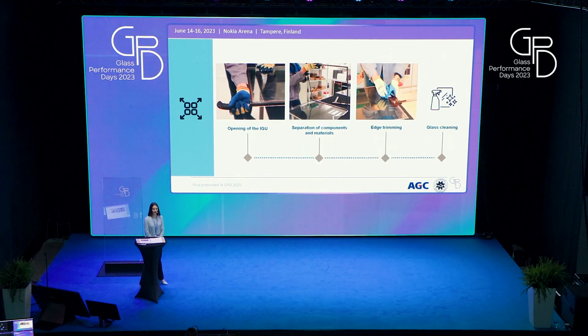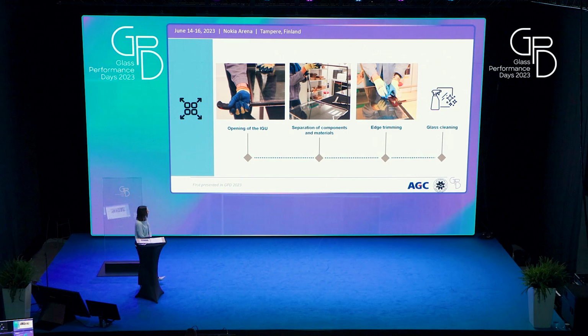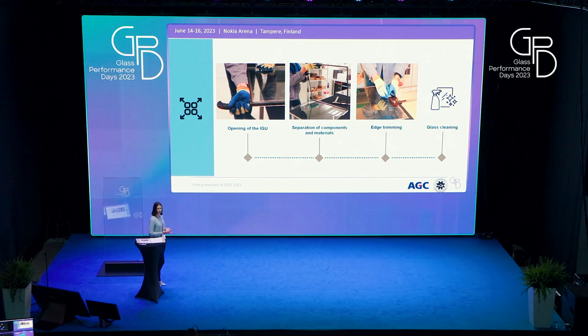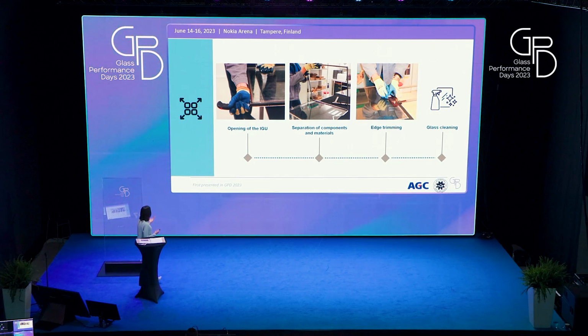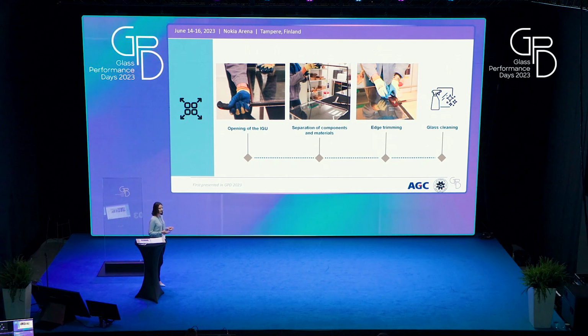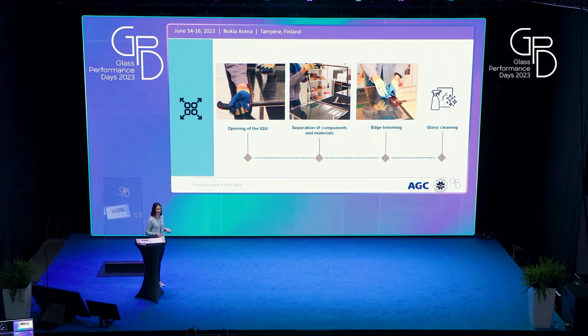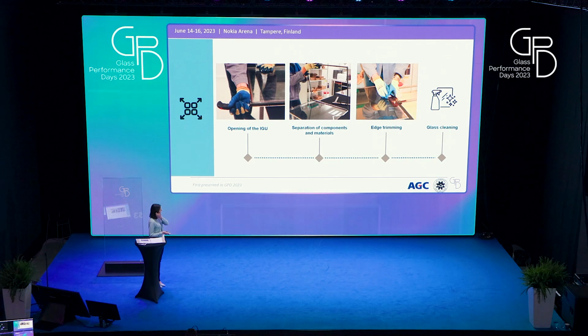Here instead, I'm showing you the steps we followed for the manual disassembling of the insulated glass unit. First, we opened the IGU by cutting with a blade the sealants in the space between the spacer and the glass pane. Then we manually separated the components of the IGU, so we took out the glass pane.